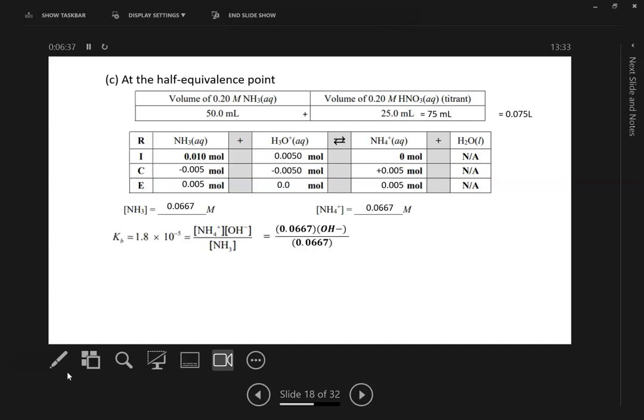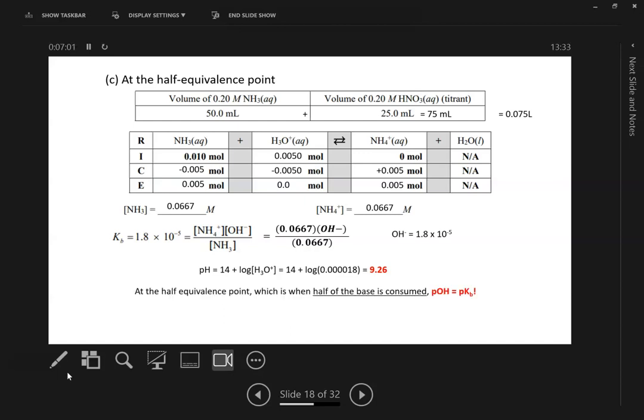When we plug this into the Kb equation, the terms in the numerator and denominator cancel. So OH- is just 1.8 times 10 to the minus fifth, which is the value of Kb. And so our pOH is 4.74 and our pH is 14 minus that, which is 9.26.